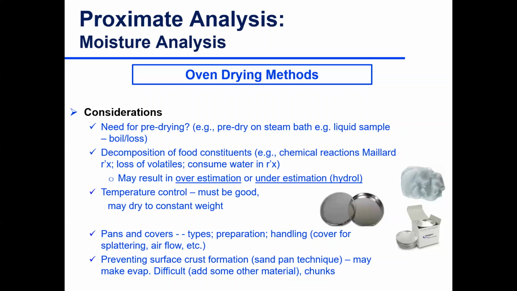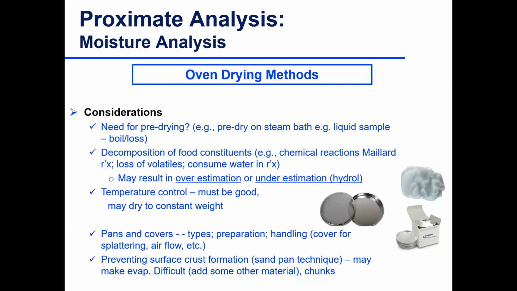As you do this oven drying, we're talking about heating and what happens when you start heating foods. Basically, you get chemical reactions. Maillard reaction is a major chemical reaction. And so that will actually result in the loss of some components. You turn some of your proteins and carbohydrates, particularly, into volatile components.